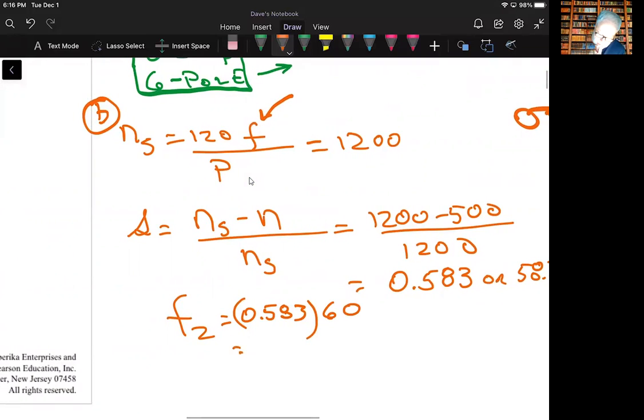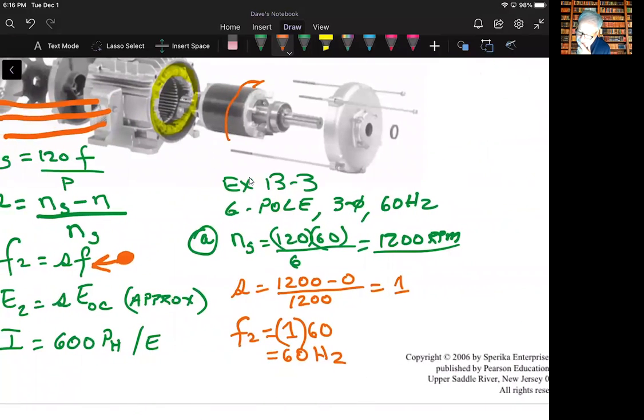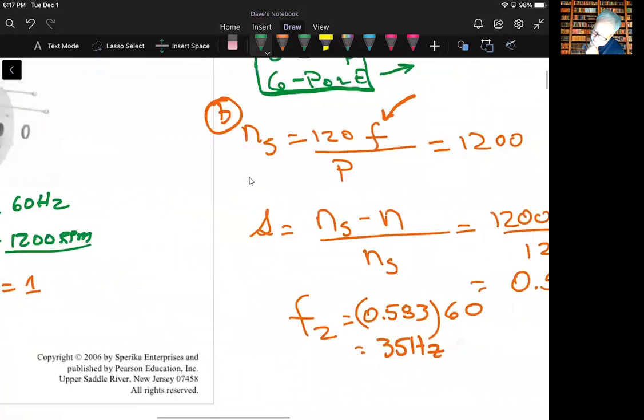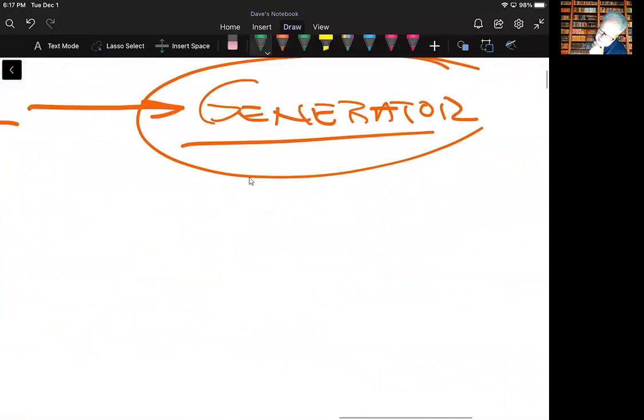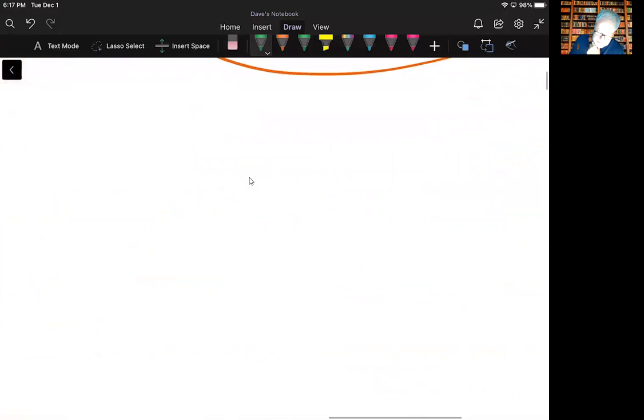Multiplying that out, 0.583 times 60, we're going to get 35 hertz. So these are the conditions that we're looking at here. The voltage and the current frequency in the rotor are going to be at 35 hertz based on the motor slip that we're dealing with. This is a great problem. It goes through all the possibilities with this.